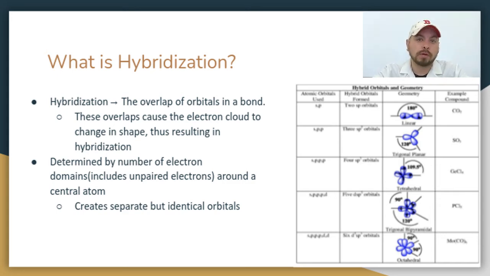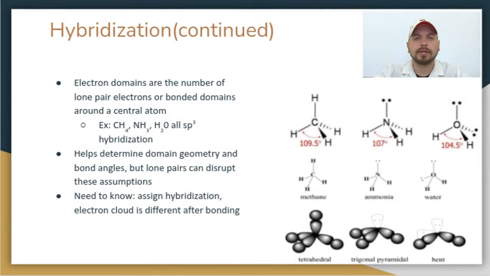If we have four electron domains, we have sp3 hybridization, which means we have four identical sp3 hybrid orbitals. There's also sp3d and sp3d2, depending on if we have additional domains, but those aren't really relevant for this class. You might see them, but they're not really going to be coming up very often in the class.